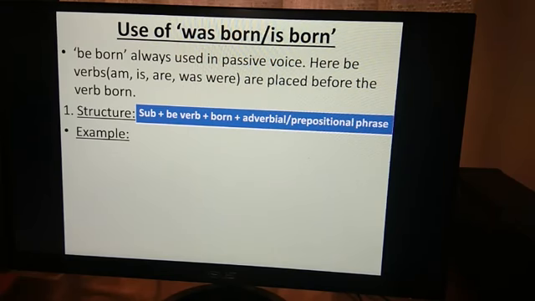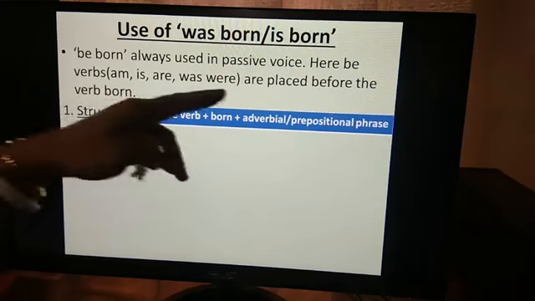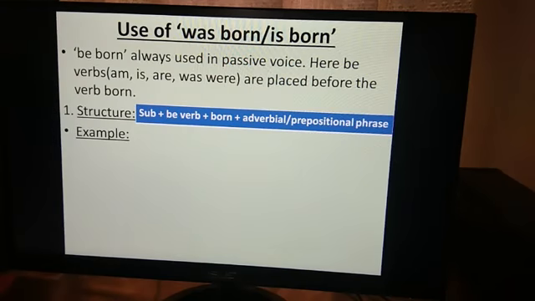These are be verbs, which you know as auxiliary verbs or helping verbs. So born is always used with these helping or be verbs, as it is always used in passive sense.